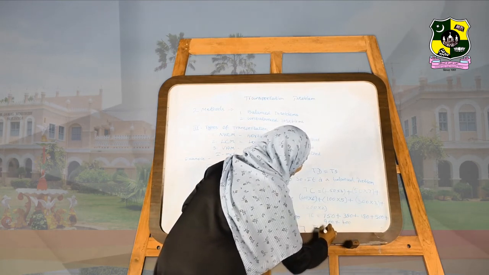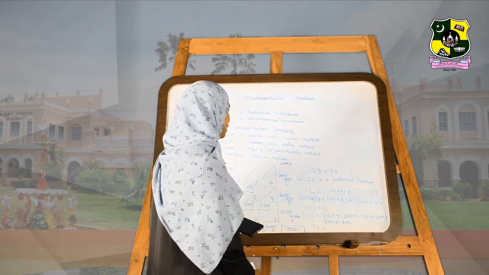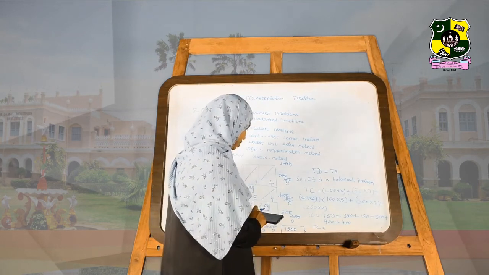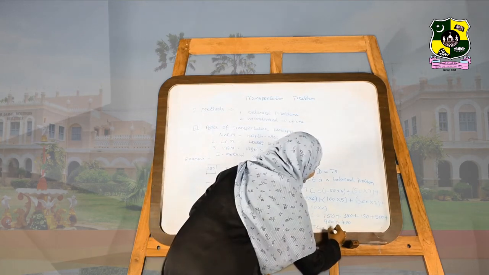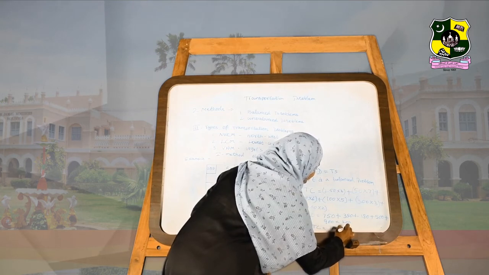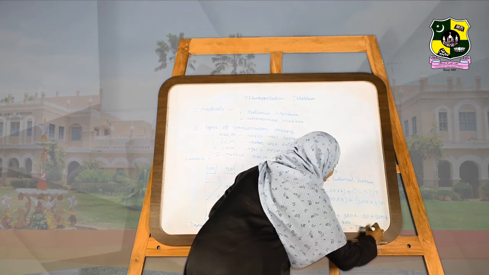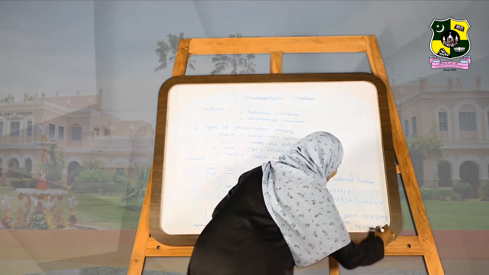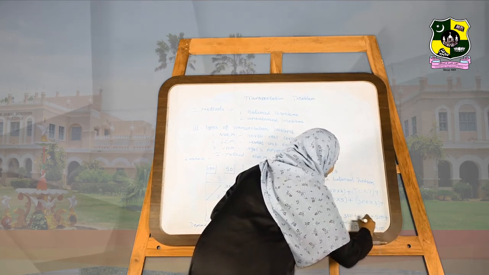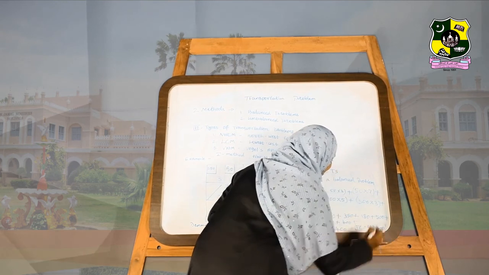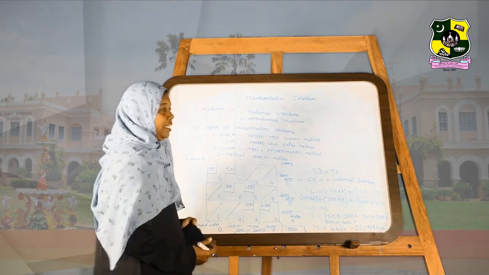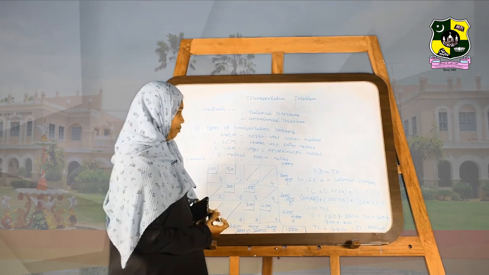Add all of the values to get the transportation cost. So the transportation cost is equal to rupees 4,400. This is the final answer for finding the transportation cost in the north-west corner method.